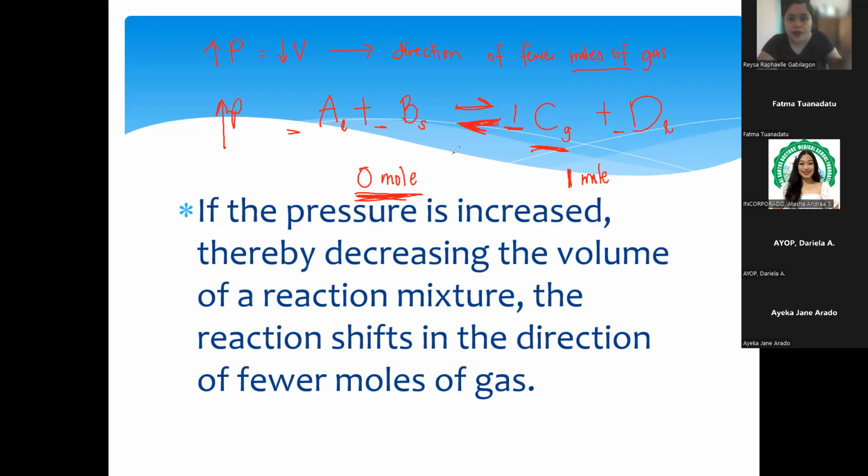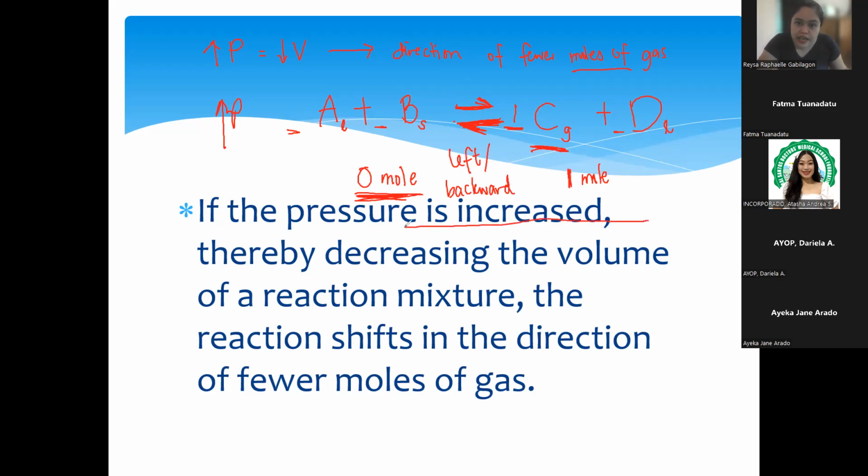Okay? Or going to the left. Or again, going backward. Okay? To neutralize the stress, class. That's how the chemical reaction neutralizes the change in pressure. So instead na equal na sila because of the change in pressure, magfe-favor ngayon.